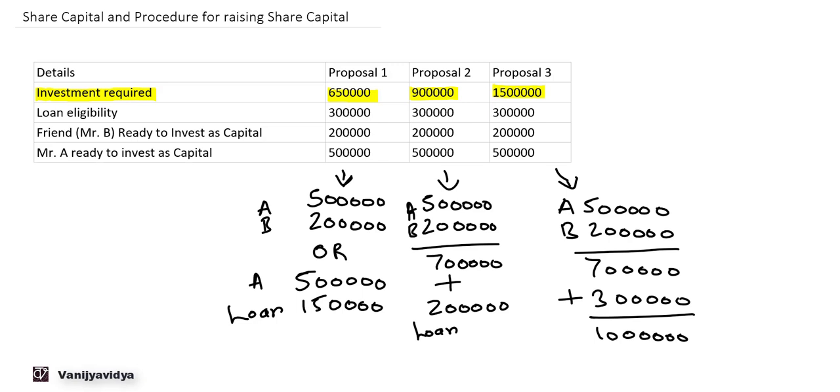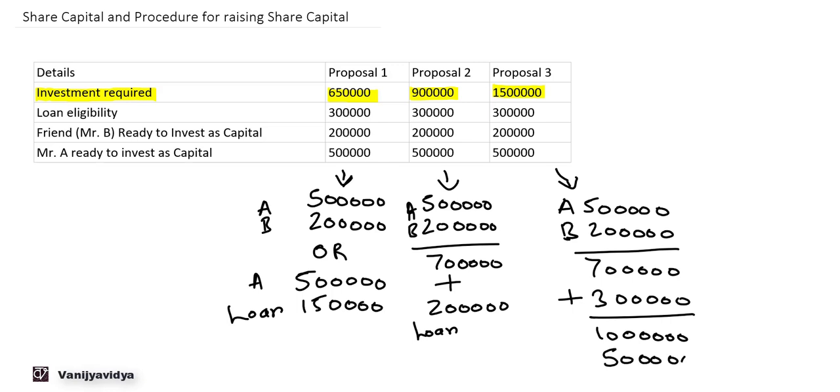Now A has an option to form a company. Usually when the investment required is higher, the company is formed by the owner of the business, and that company can be either a private company or a public company. The shortfall in the capital is 15 lakhs minus 10 lakhs, so that is 5 lakhs.